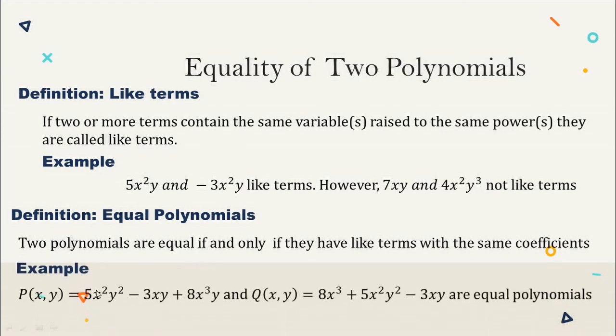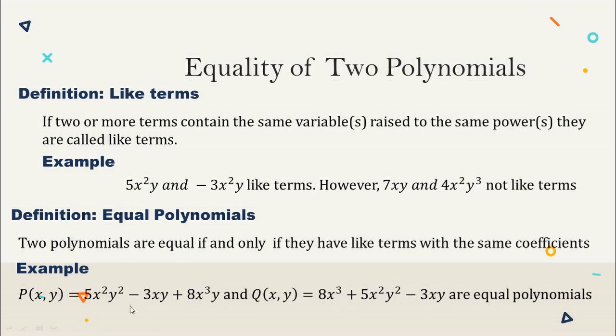So this is the example. P(x,y) is 5x squared y squared minus 3xy plus 8x to the power 3 y, and K(x,y) is 8x to the power 3 y plus 5x squared y squared minus 3xy. Okay, these are equal polynomials.